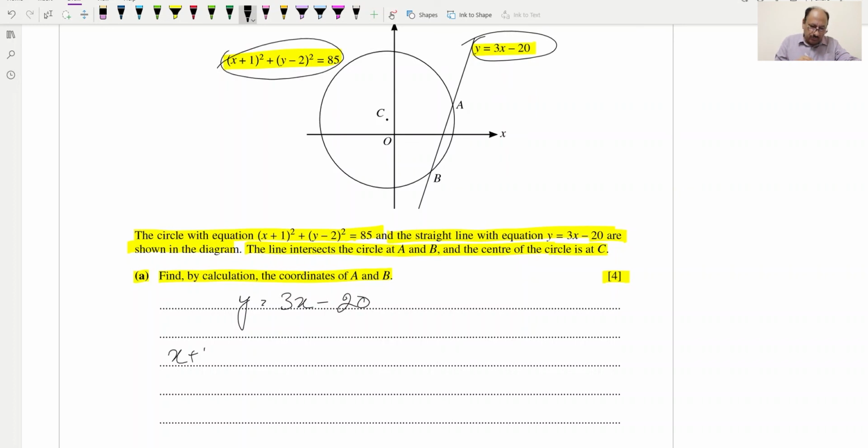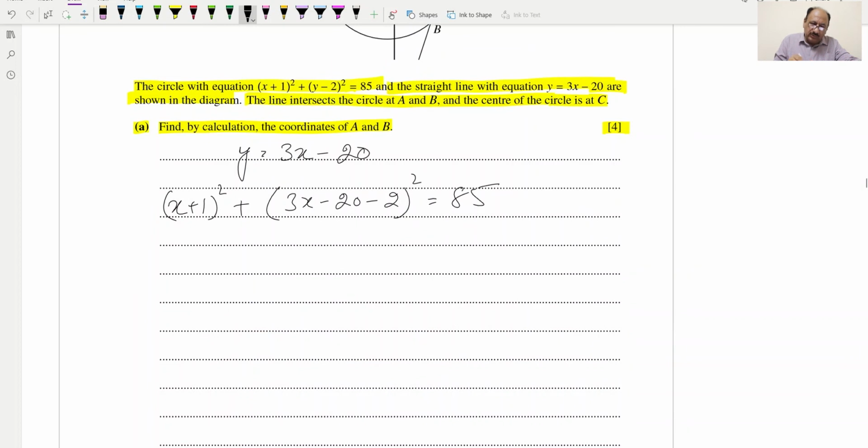So (x plus 1) squared plus (y, which is 3x minus 20, minus 2) squared is equal to 85. Now we can first simplify. This will be (x plus 1) squared plus (3x minus 22) squared is equal to 85.